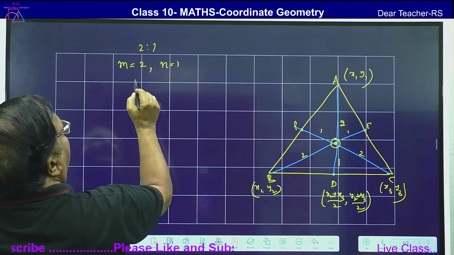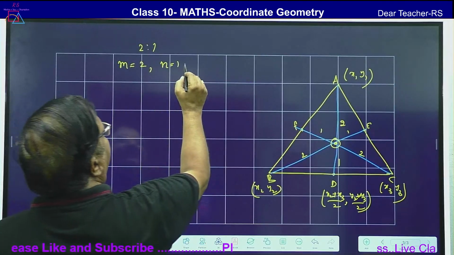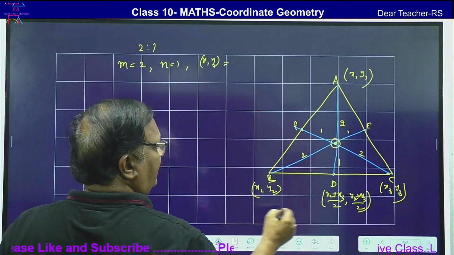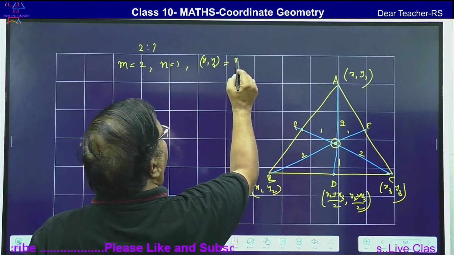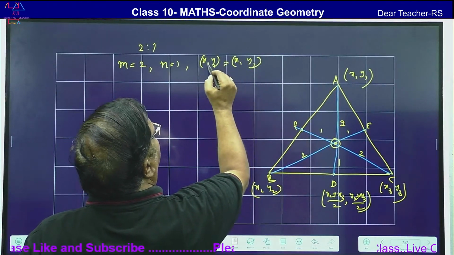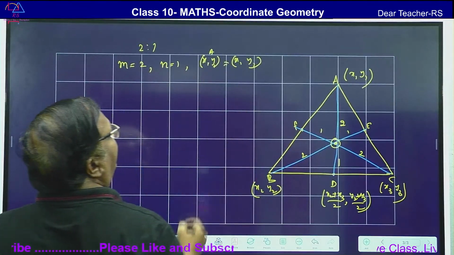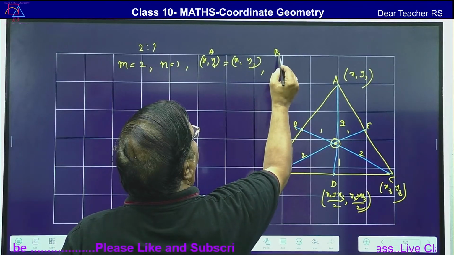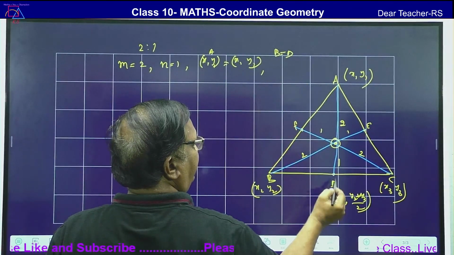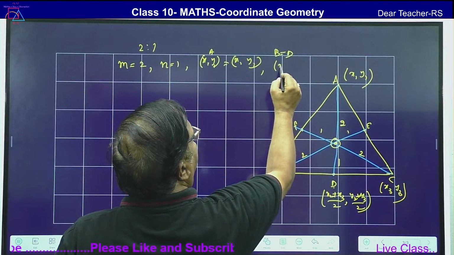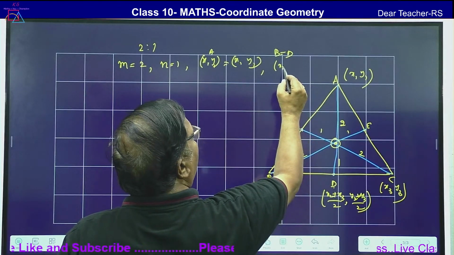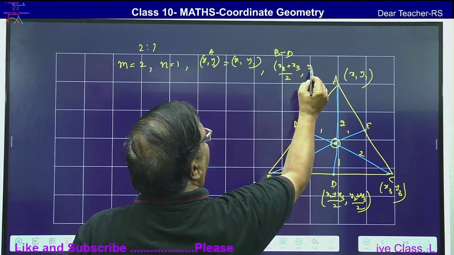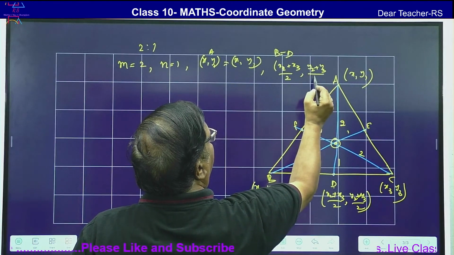So x1, y1 is A, and x2, y2 is D, which is x2 plus x3 by 2 and y2 plus y3 by 2.